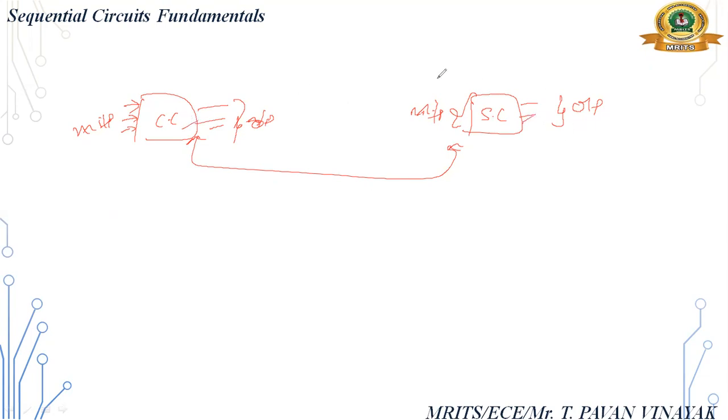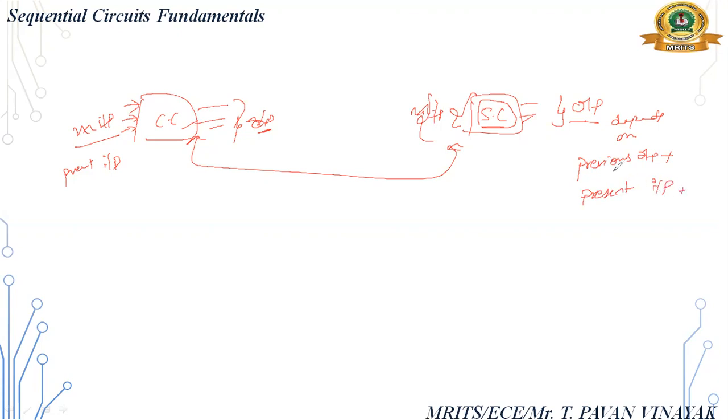See, in a combinational circuit, the output depends on present inputs only, right? But in a sequential circuit, the output depends on the previous output, means previous output plus present inputs.